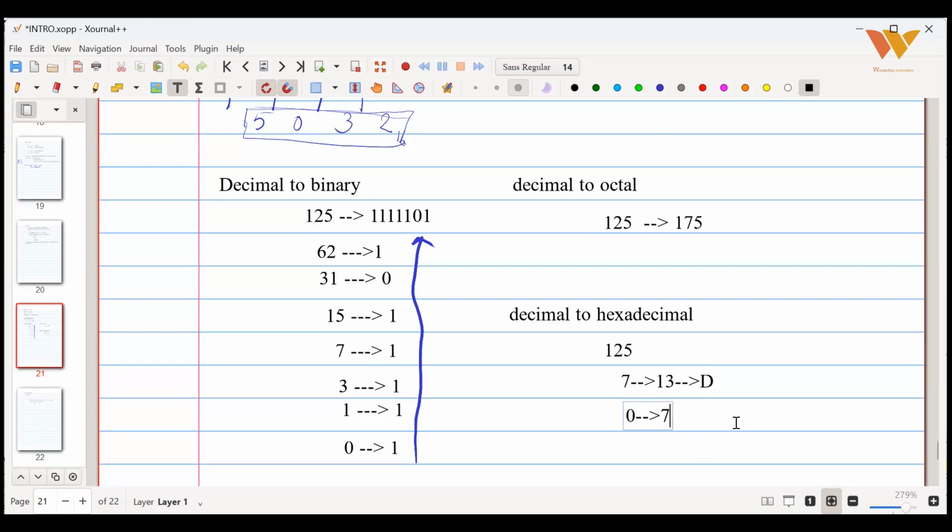Again, I have to take it in the reverse order. So decimal to hexadecimal is 7D.